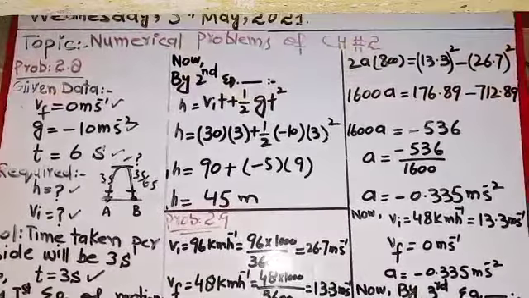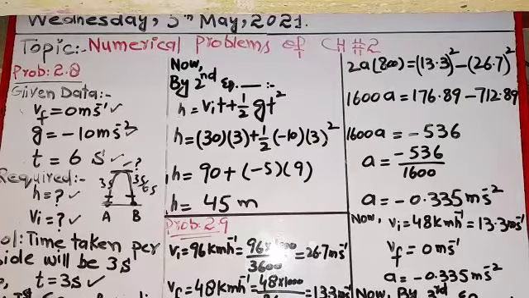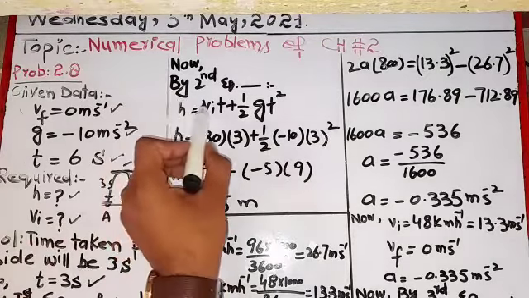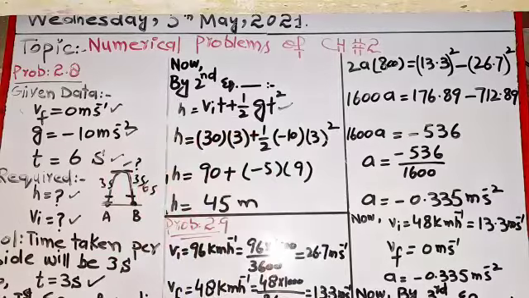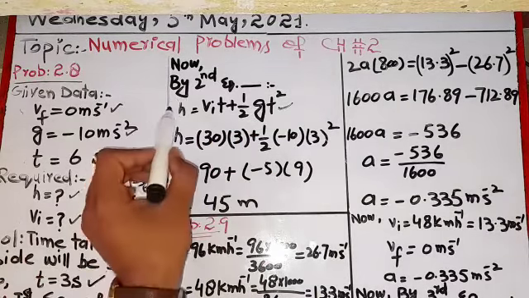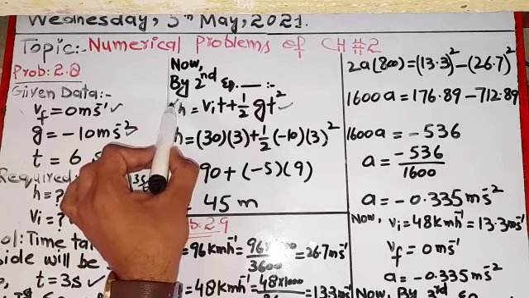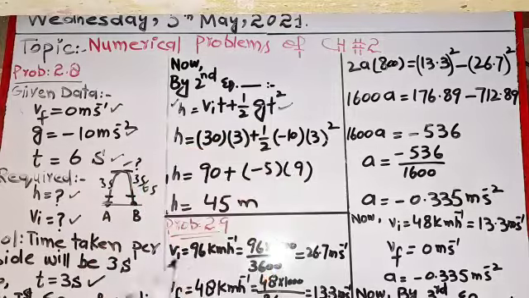Now let's move further to find the maximum height of the ball by using the second equation of motion, S is equal to Vi t plus half a t square, but we will put H in place of S, and g in place of a, because the ball is moving upward from the earth.